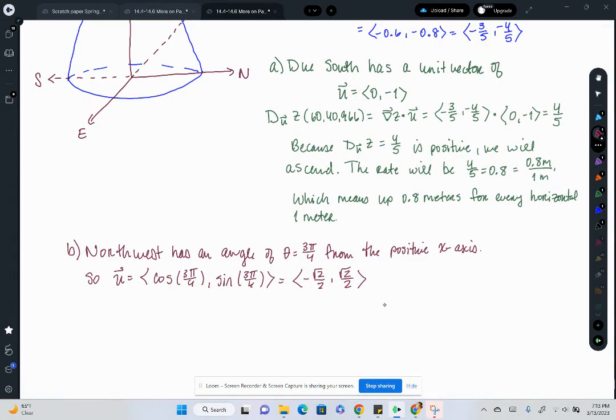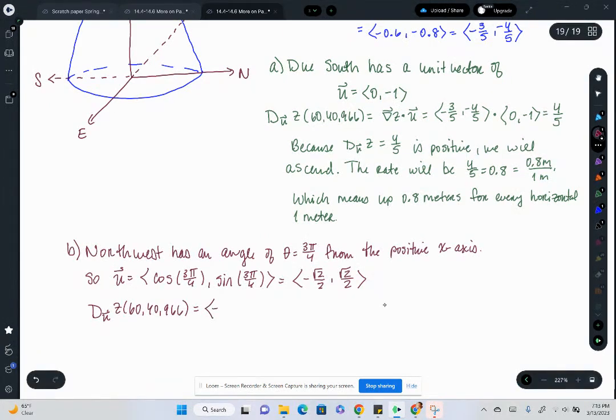Okay, so my directional derivative in the direction of this u of z of (60, 40, 966) will equal the gradient vector, negative 3/5 with negative 4/5, dotted with this unit vector I have here. It's negative root 2 over 2 and positive root 2 over 2.